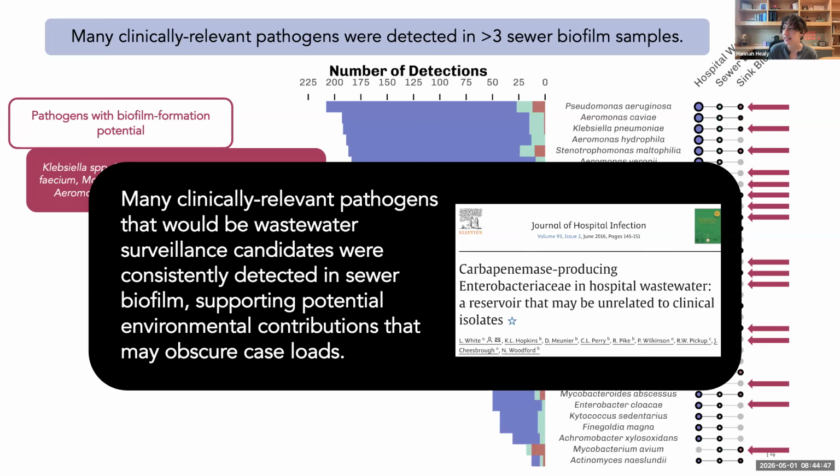And they concluded that the wastewater signal was totally unrelated to the clinical isolates, and they proposed that this was likely coming from growth in sewer biofilms and sediments. They weren't able to directly study the biofilms and sediments in their study, but we think our work here helps support this framework.